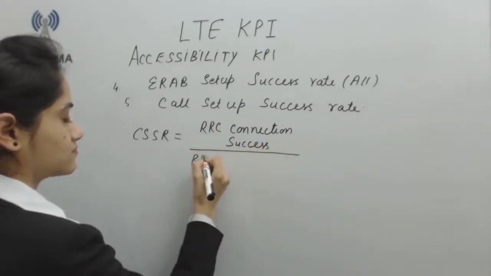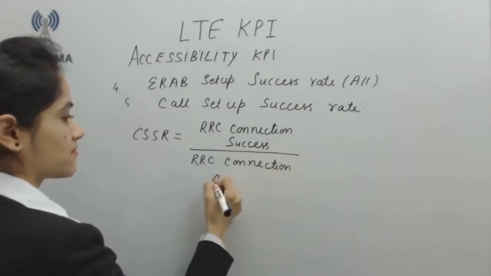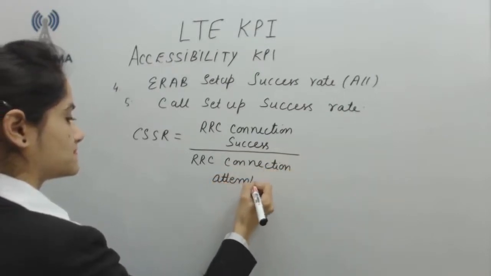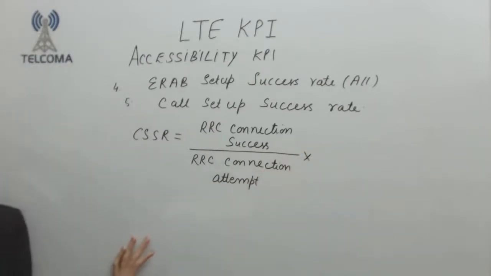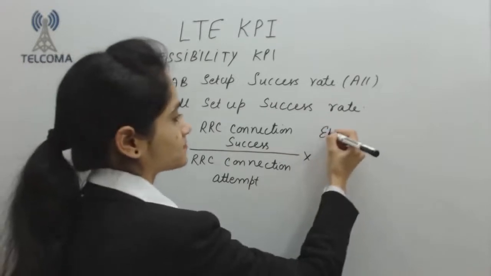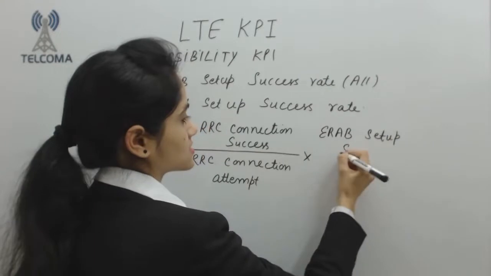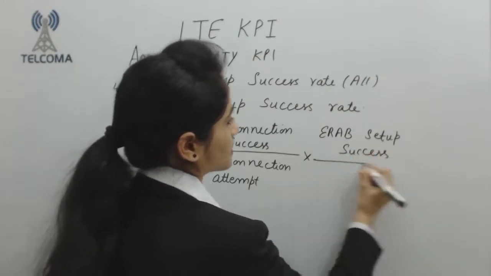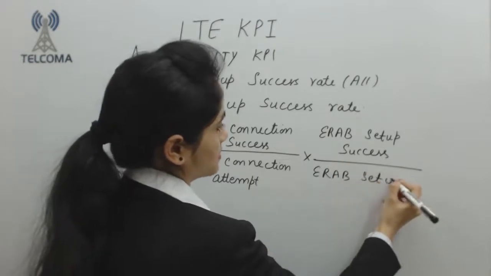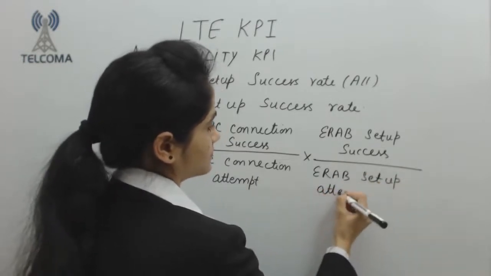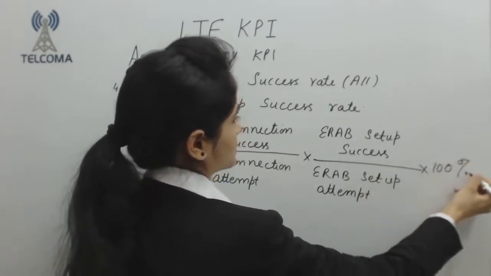upon RRC connection attempt, multiplied by E-RAB setup success divided by E-RAB setup attempt, and multiplied by 100%.